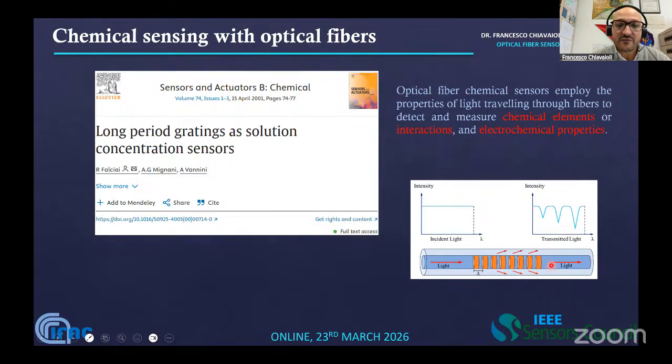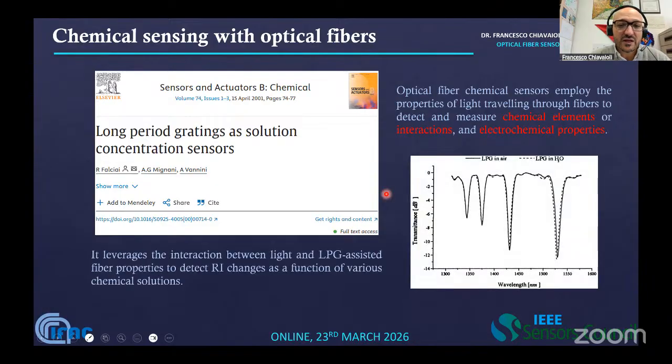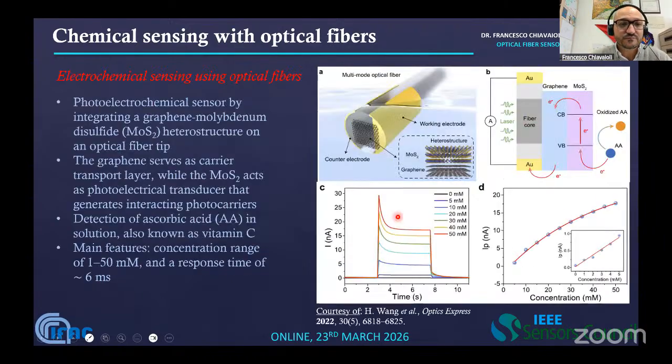These bands are very sensitive to everything occurring around the fiber: temperature, strain, refractive index, fiber bending, whatever. By using this device, they essentially monitored the change of these bands as a function of different chemical solutions. It was the very first example of using optical fiber for chemical sensing.